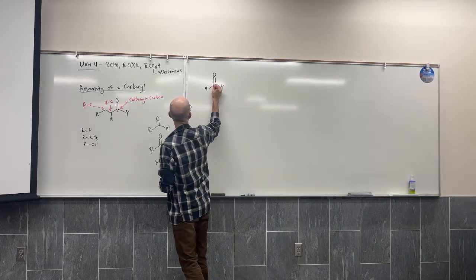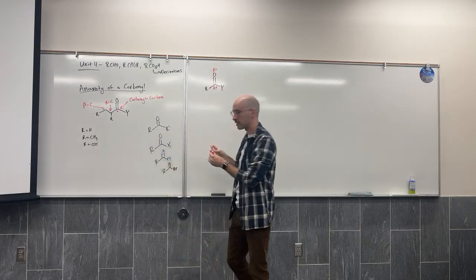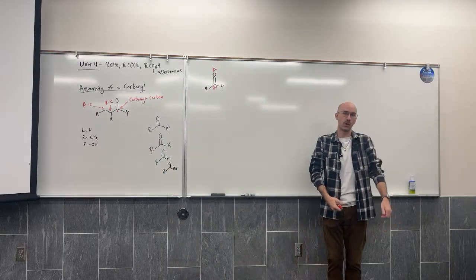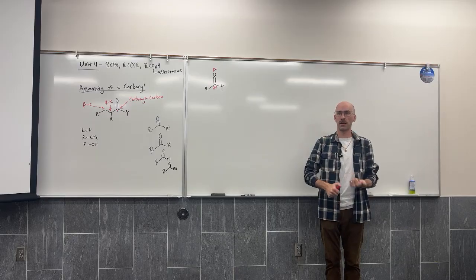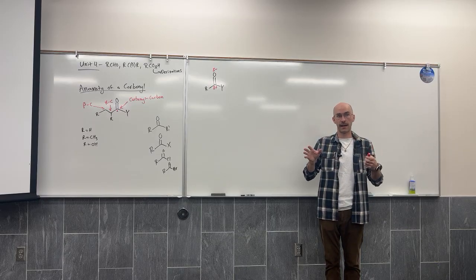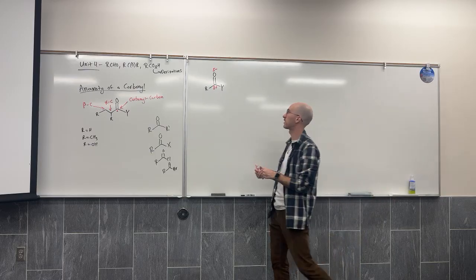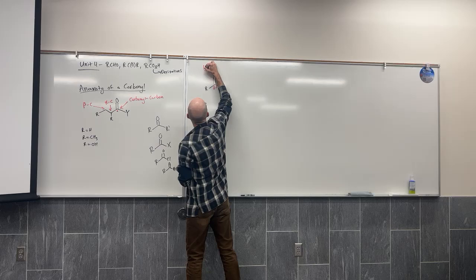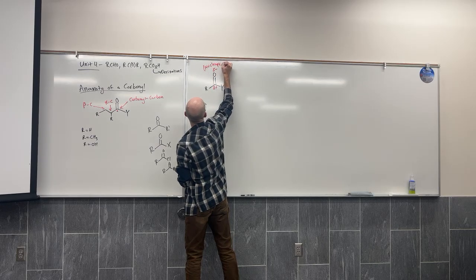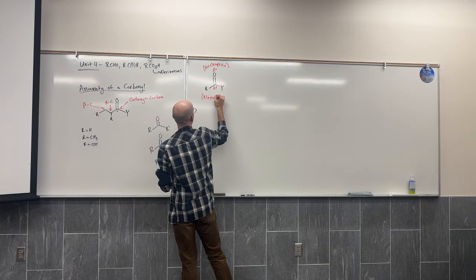At the carbonyl carbon. Why? Because of the oxygen pulling electron density towards itself, away from the carbon. So the anatomy of the carbonyl has both an electrophilic center and a nucleophilic center. The oxygen behaves as a nucleophile, and the carbon behaves as an electrophile.